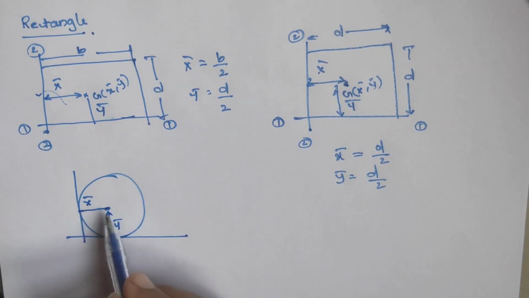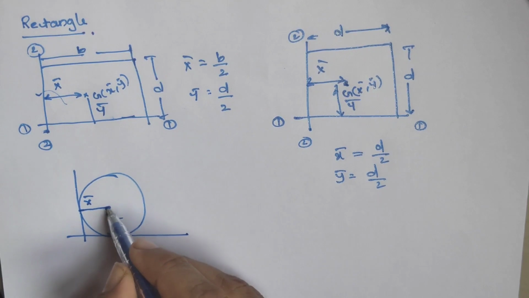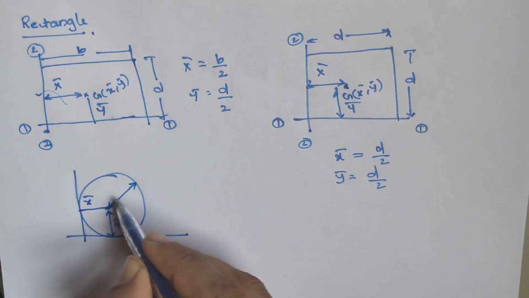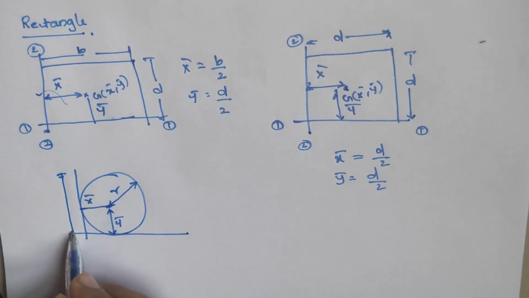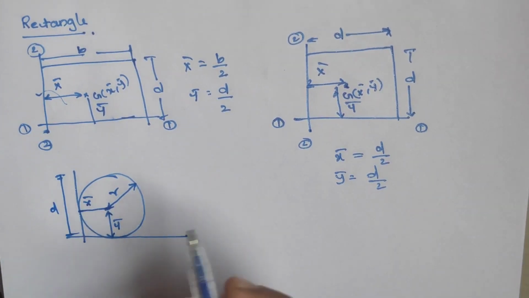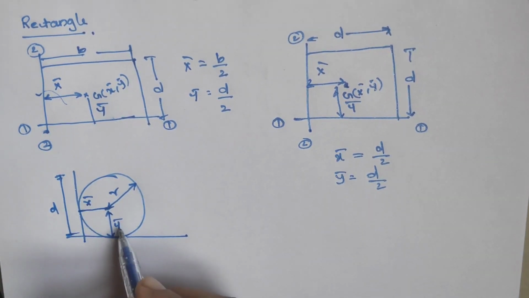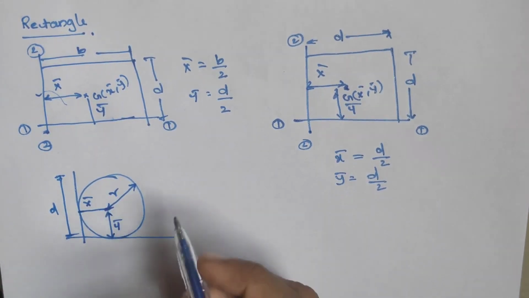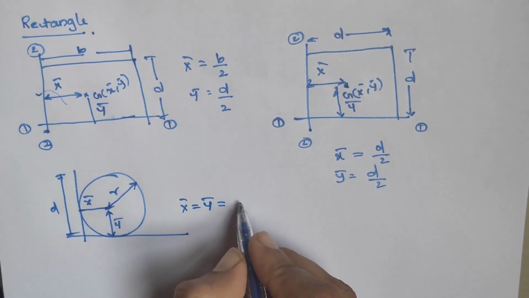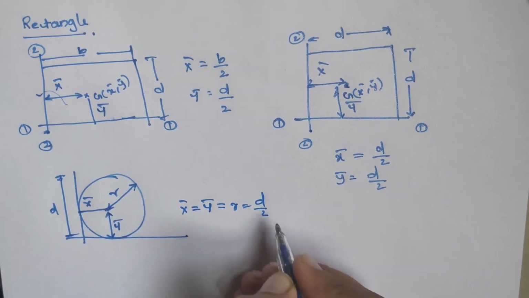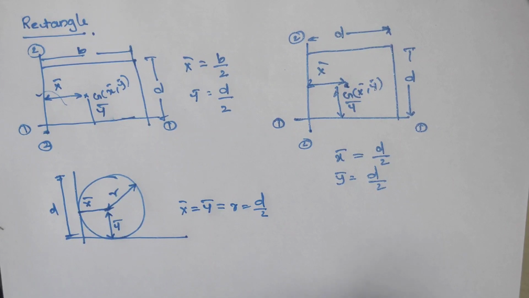And one more thing, from the sides to the center it is also called the radius of the circle. Now if we take this as the diameter of the circle, so r will be d by 2 and x bar, y bar equal to r, so we will get x bar equal to y bar equal to r equal to d by 2, because all three are the same values.